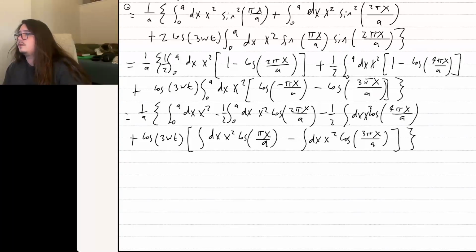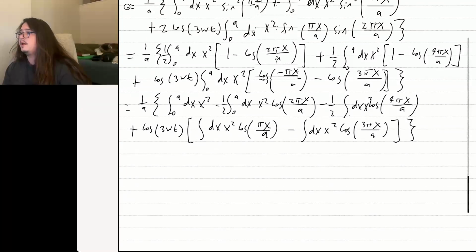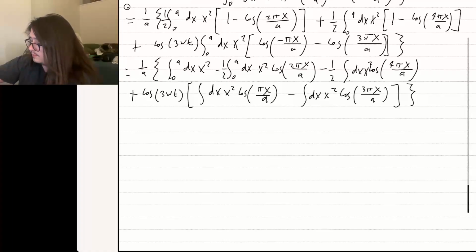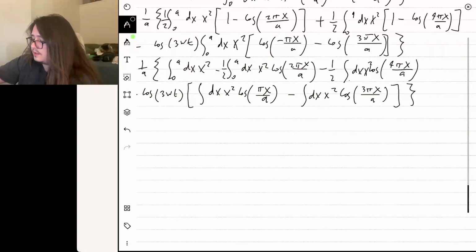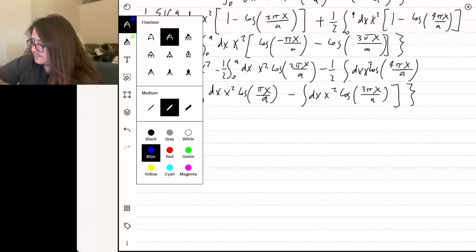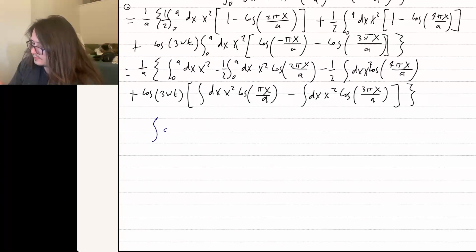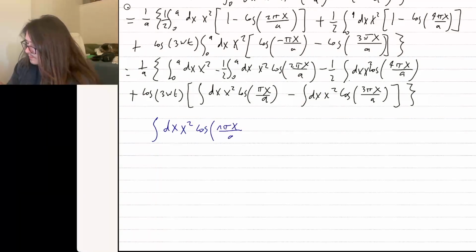So I'm going to do all those integrals at once by doing a general integral here, the integral dx x squared cosine n pi x over a. I'm doing integration by parts now.